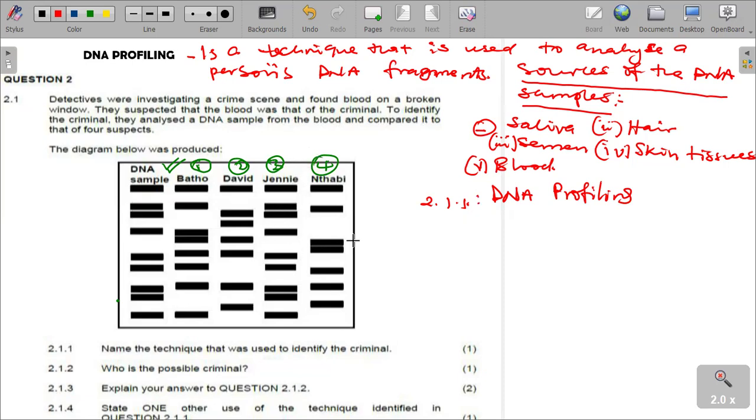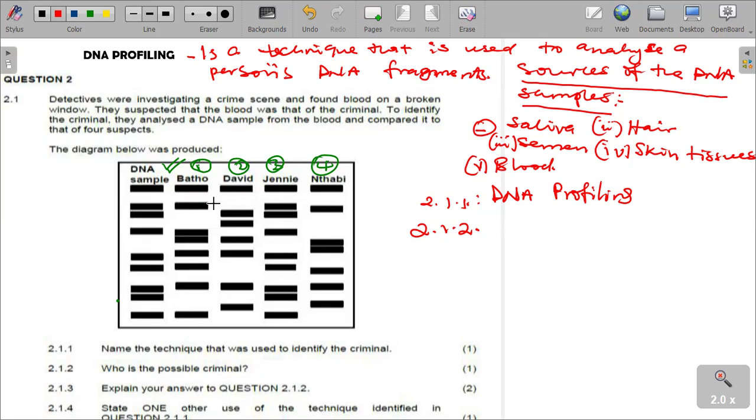Question 2.1.2. The question reads: who is a possible criminal? We have the DNA sample given here, and we have 4 people that are possible suspects.